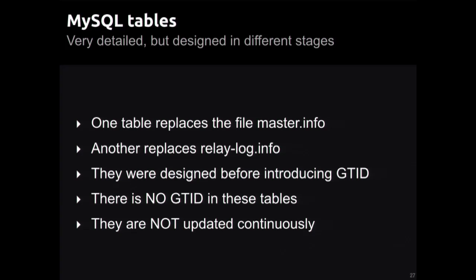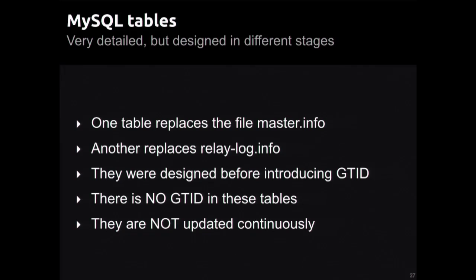So if you enable replication using this table instead of the files, it means that after a crash, the position of your replication will be contained in the database instead of an external file. So since InnoDB will recover uniformly, your replication will continue without hiccups.